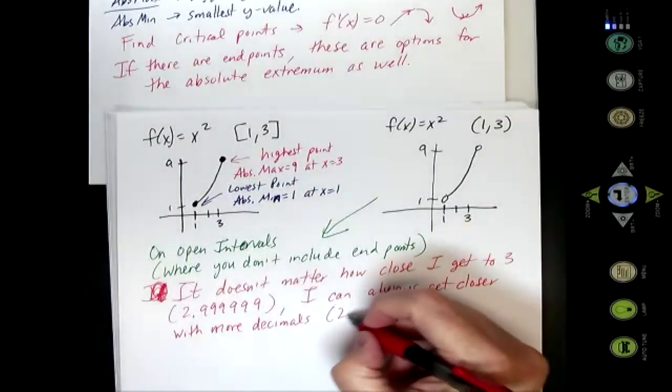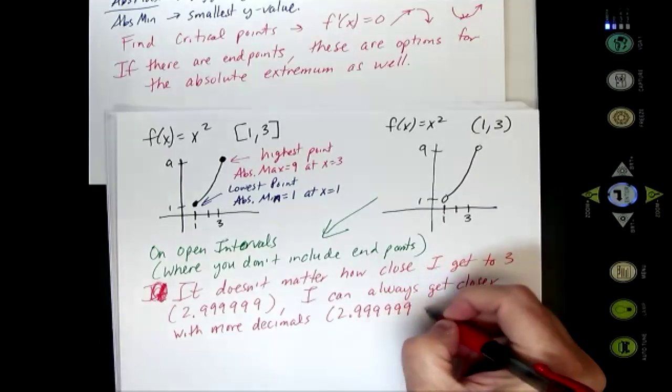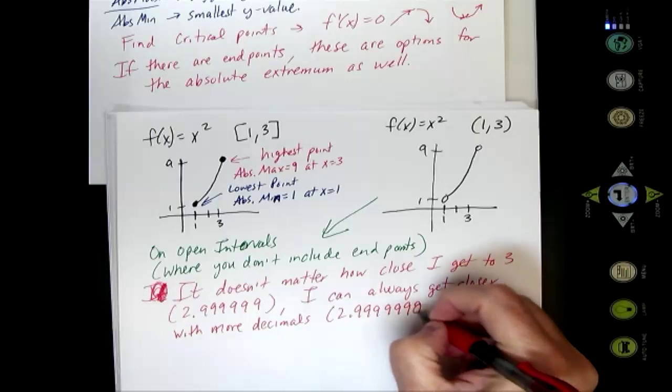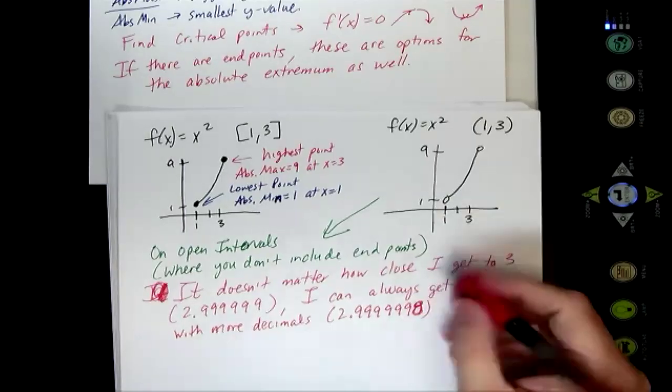So maybe I had 6 nines before, I'll go 7 nines now, we'll make it 8 so it's clear it's different, and which will result in a higher value.